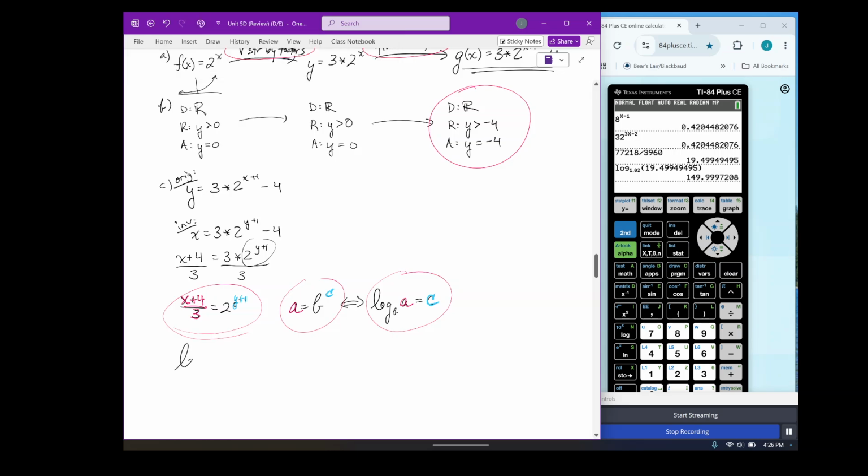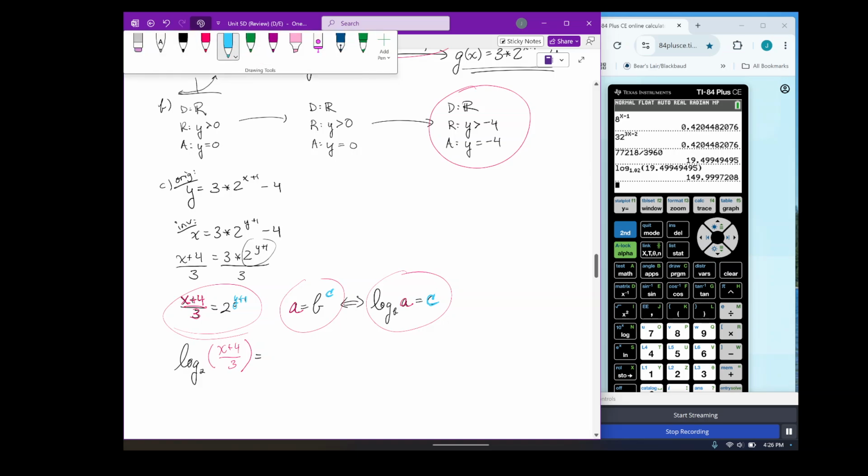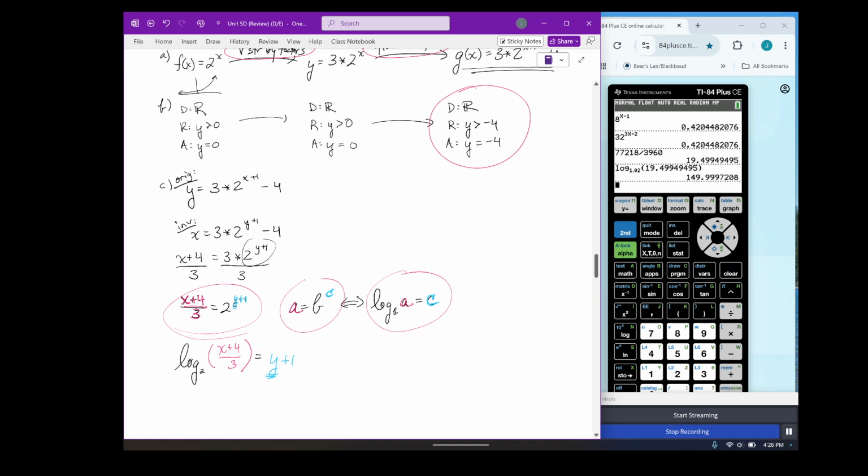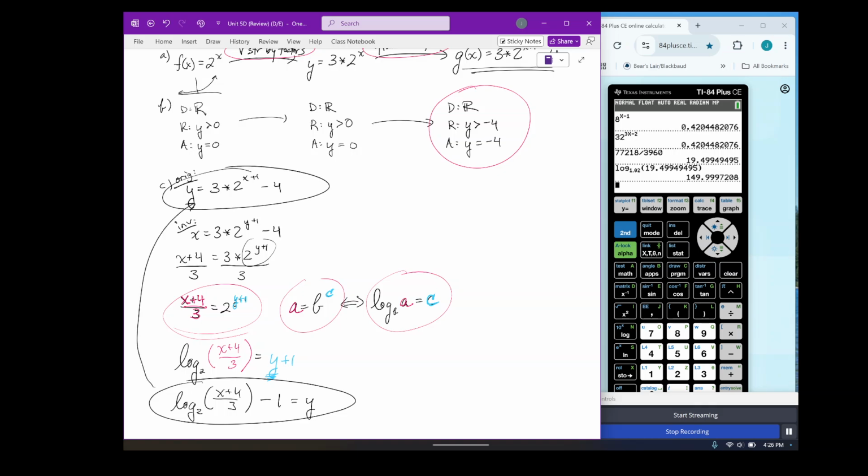So b is 2. Log base 2 of a, x plus 4 over 3, equals c, y plus 1, the blue one. And now we need to get y by itself. So it's log base 2, x plus 4 over 3, minus 1 equals y. And that's the inverse of this thing. Okay, so log functions are inverses of exponential functions and vice versa.